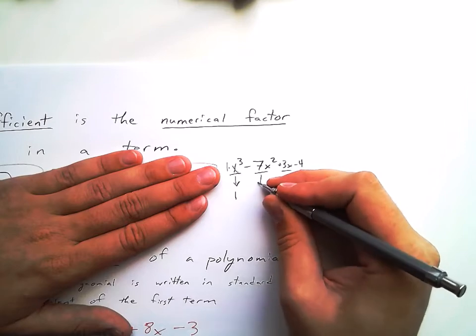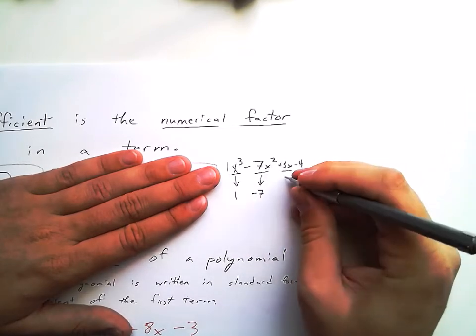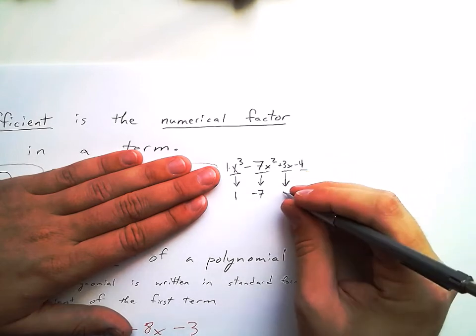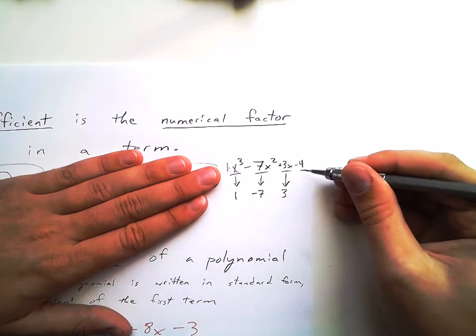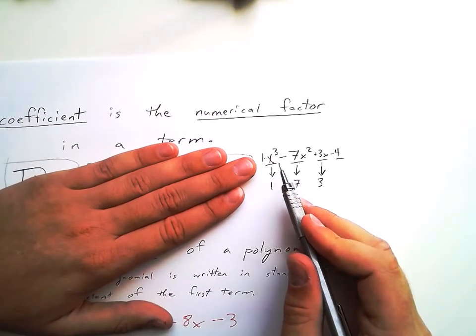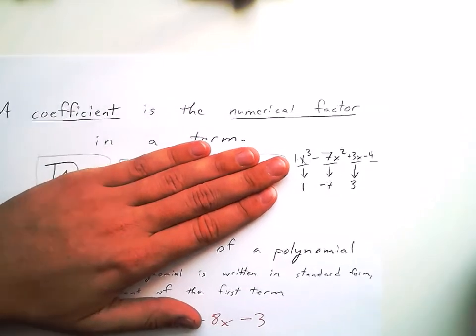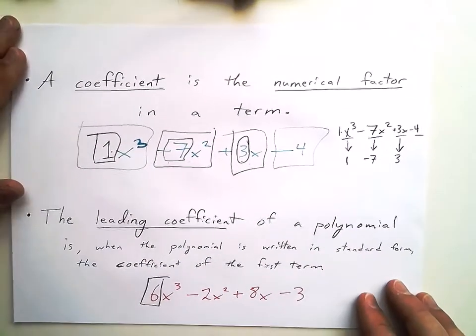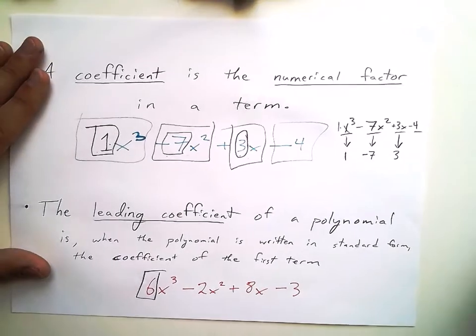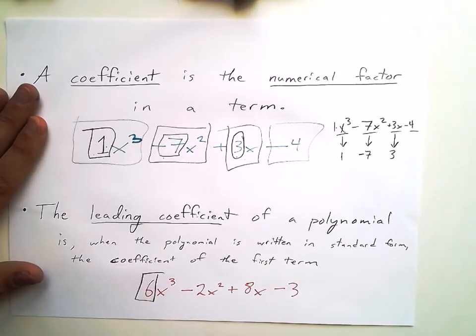The coefficient on that term is negative 7, not 7. The coefficient on that term is 3, and that's not really a coefficient because it's the constant term. So the coefficient is the number in front of the x to a power, or whatever the variable with the exponent is. The leading coefficient is the first one.